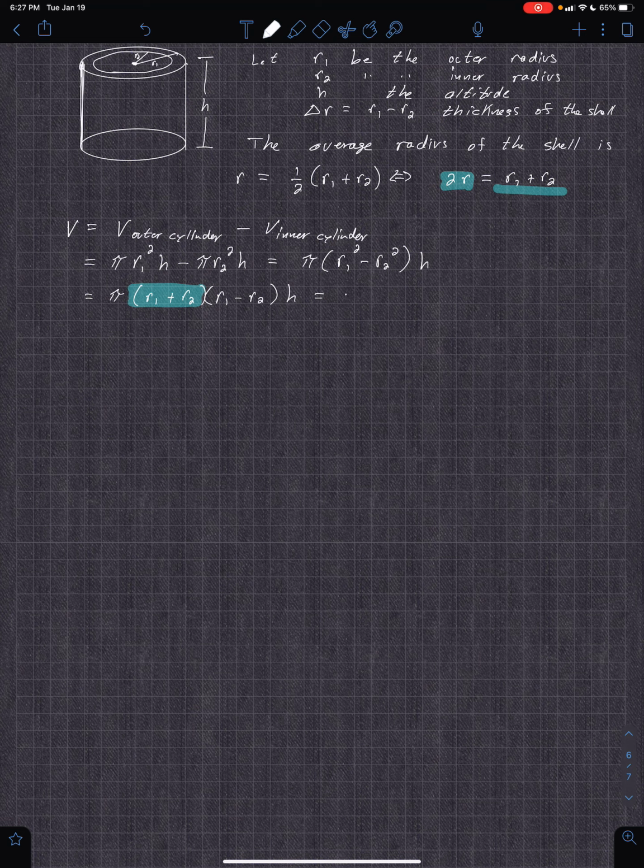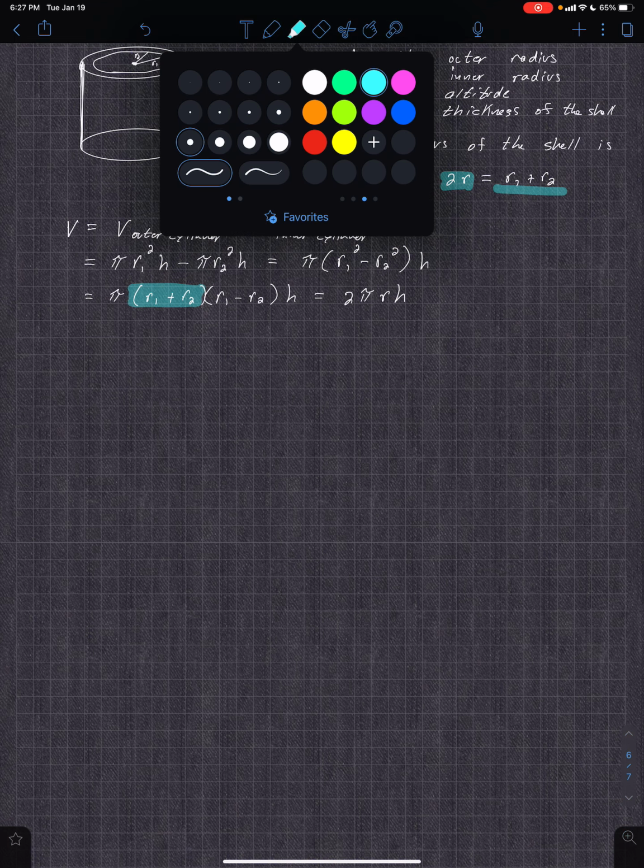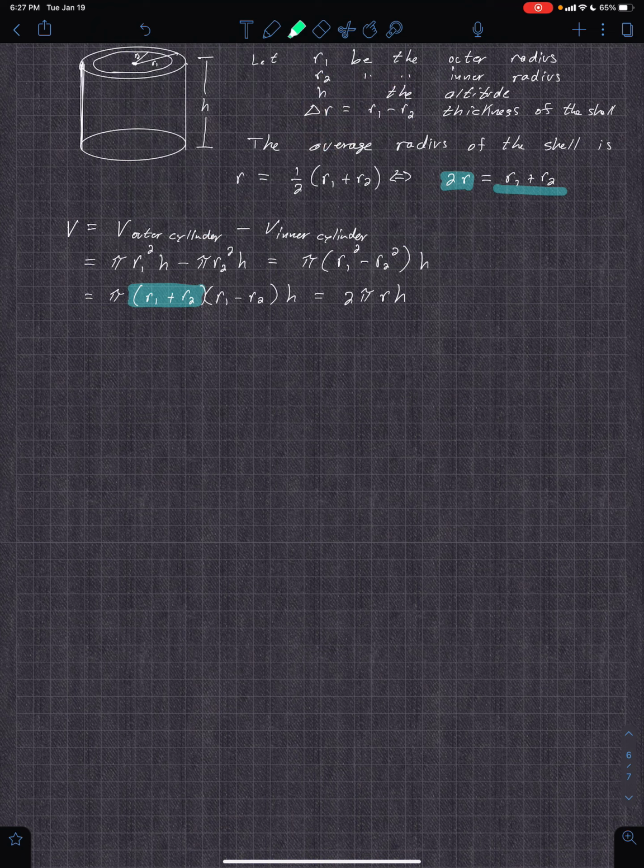So do that substitution and you get 2 pi r h. And then what is r1 minus r2? R1 minus R2 is delta R. So we can call that delta R.